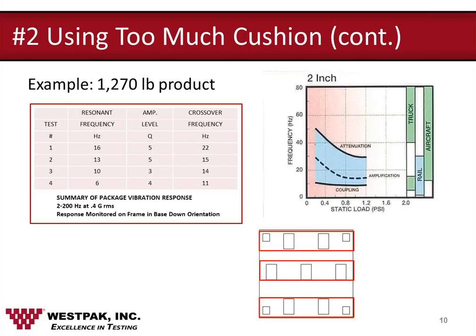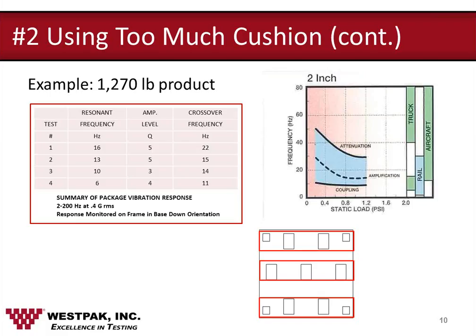We stopped the test right away because we knew the product resonant frequency and we knew the package resonant frequency, and we suggested that they cut out foam. If you look at the picture or the diagram on the bottom here, the red squares was the amount of cushion that was originally there.